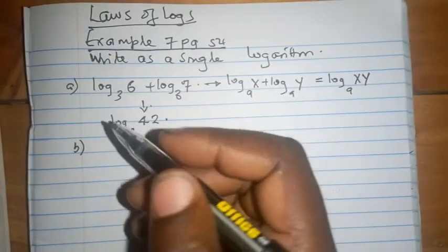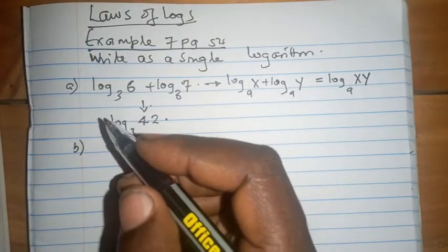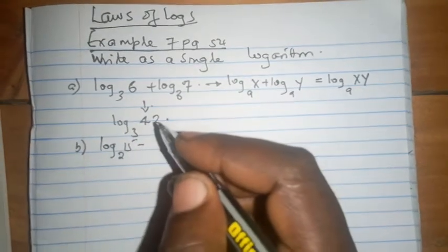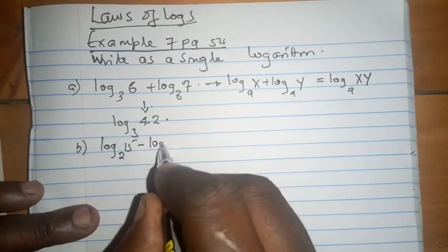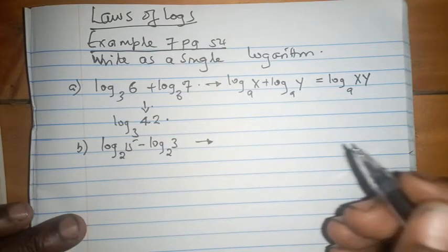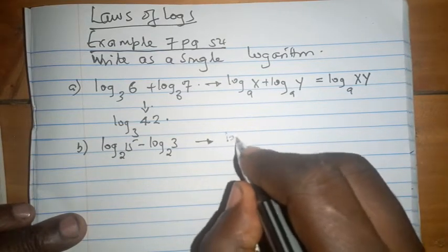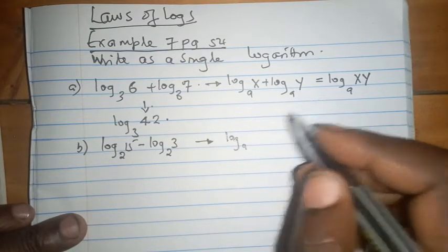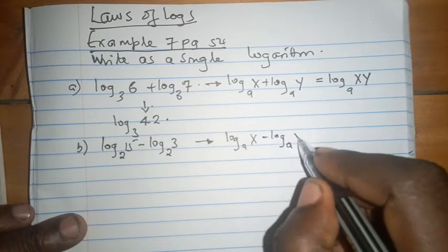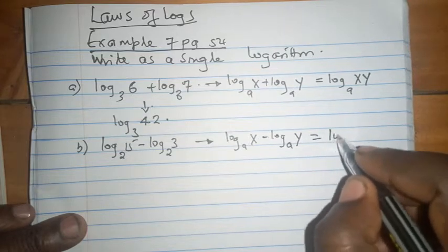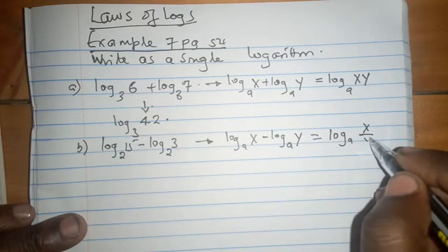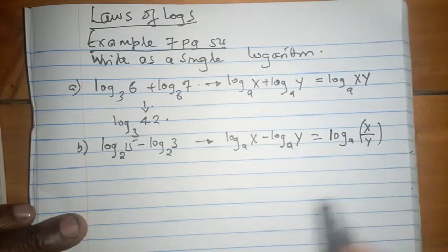In part B, we are saying log to base 2 of 15 minus log to base 2 of 3. This one is now from the second law, which states that log to base a of x minus log to base a of y is equal to log to base a of x over y, that fraction.